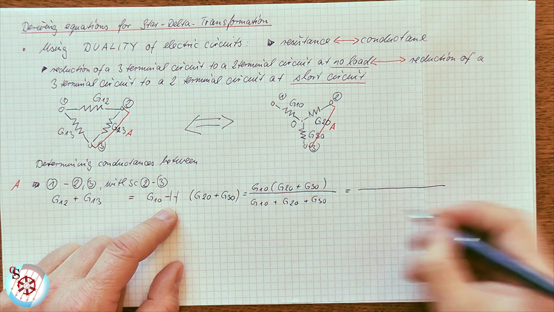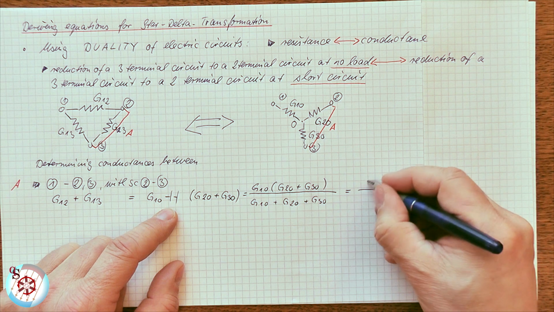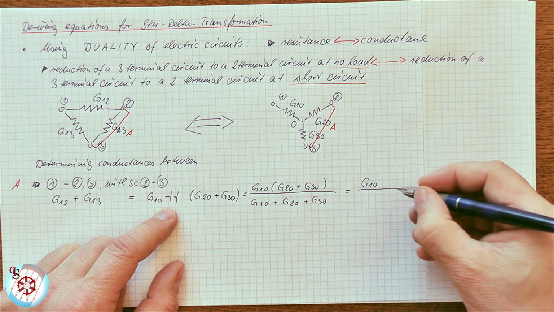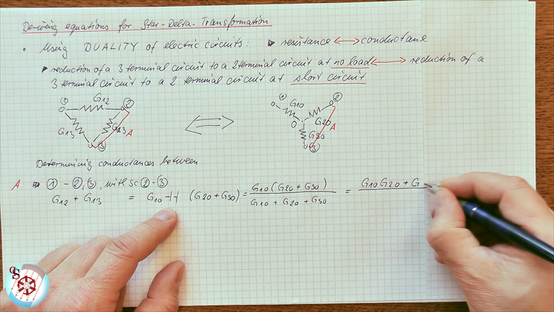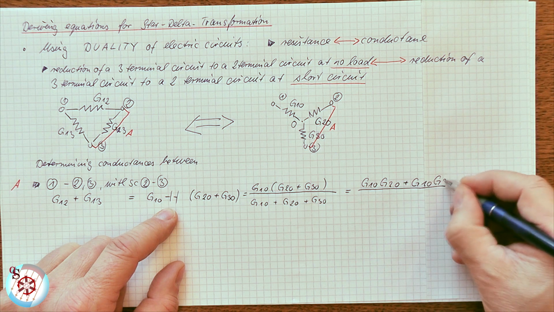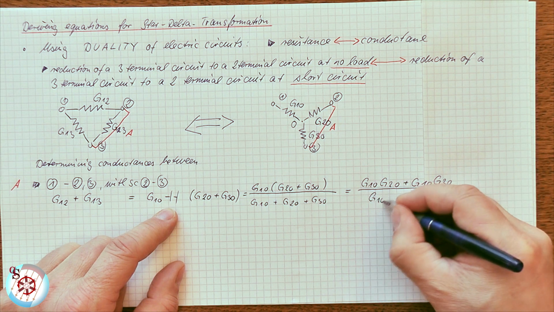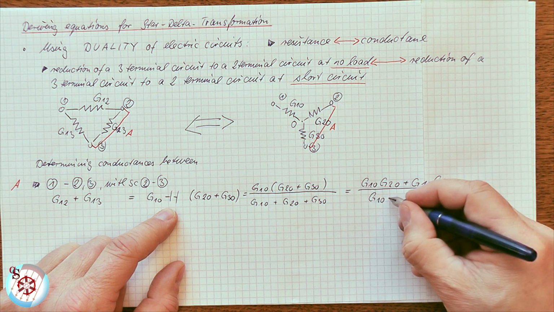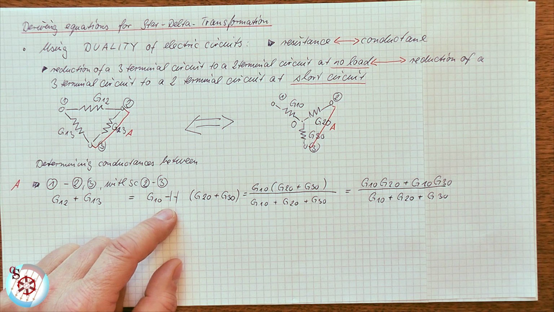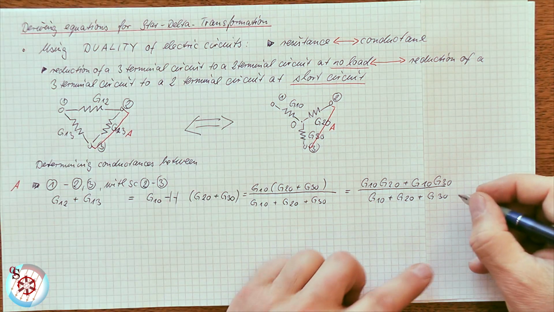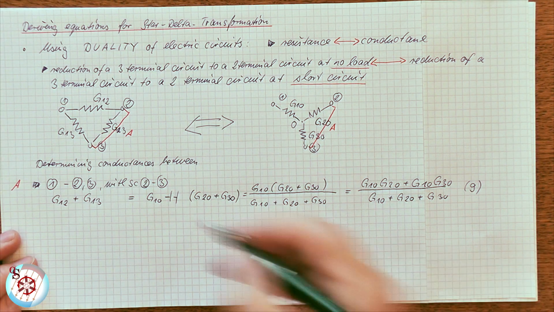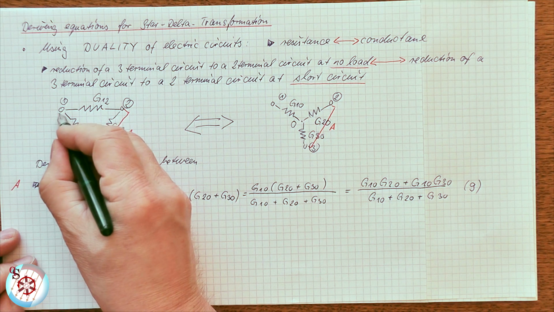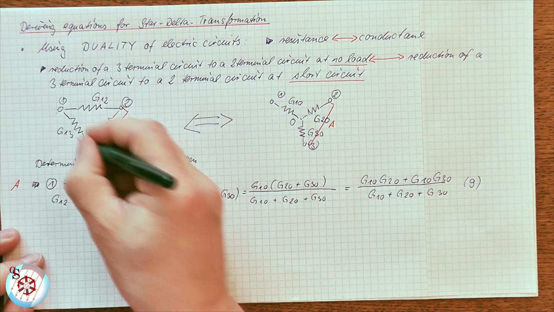And if we multiply all those terms, we come out with the final fraction, and that's G10, G20 plus G10, G30 divided by the sum of all three conductances from the star. And that's equation 9.